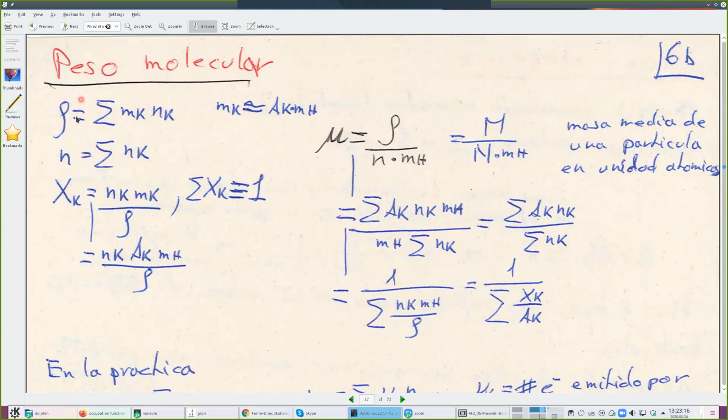We can define the mass fraction in this way for a certain particle. It is obviously 1 by definition. We put all these things here as we define the rho, density, total number, everything to have the situation.